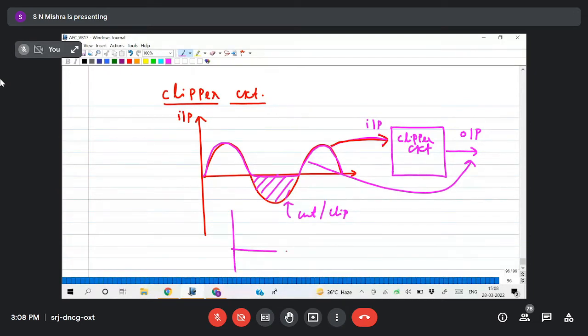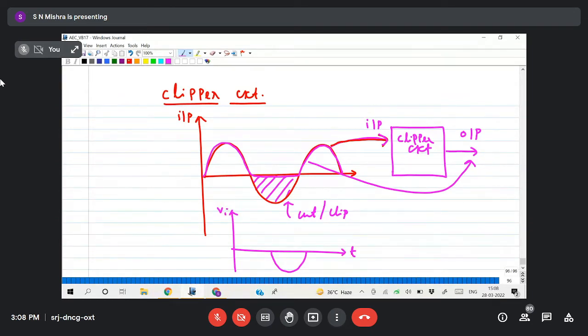Similarly, if you want to cut the positive half cycle, that is also possible. Suppose I want to cut the positive half cycle, so I'll get only the negative half cycle here. This positive half cycle will be cut.